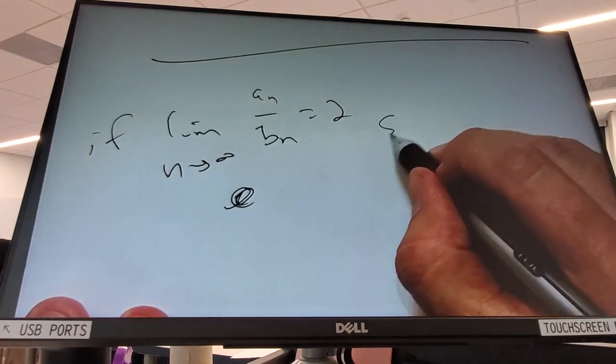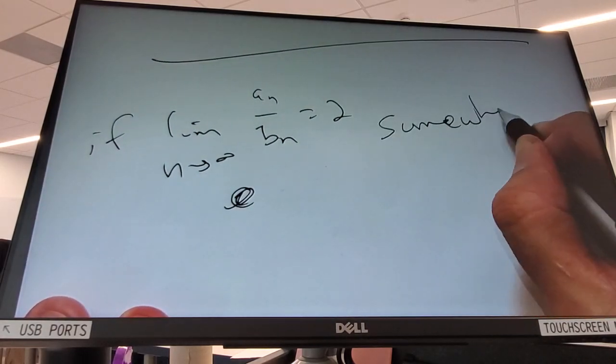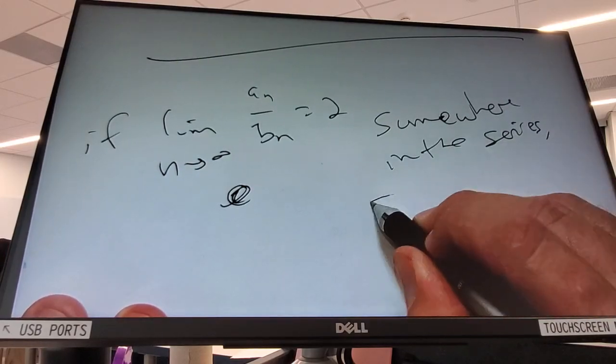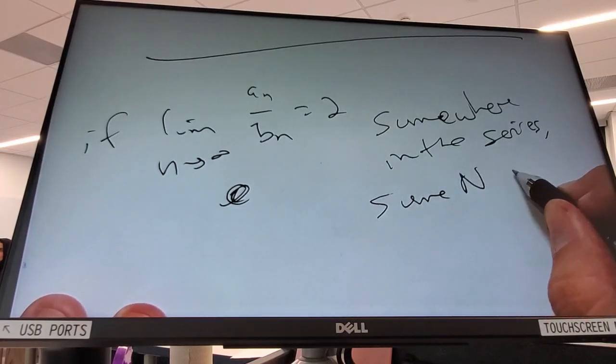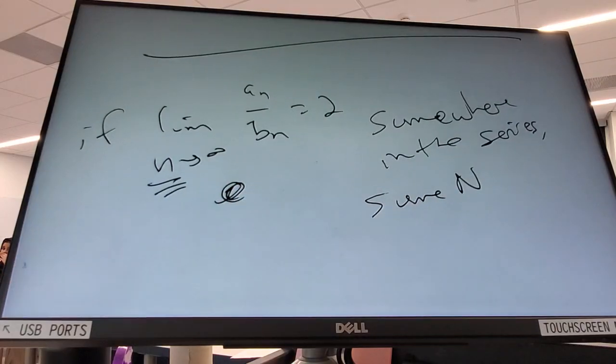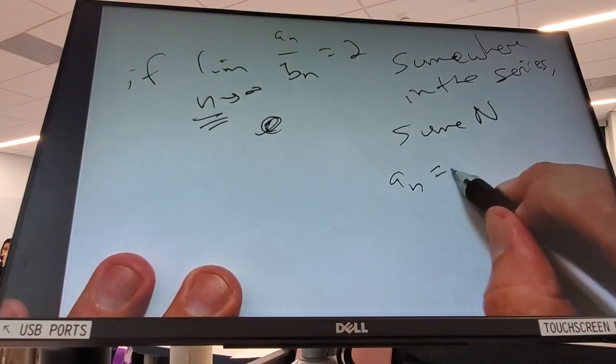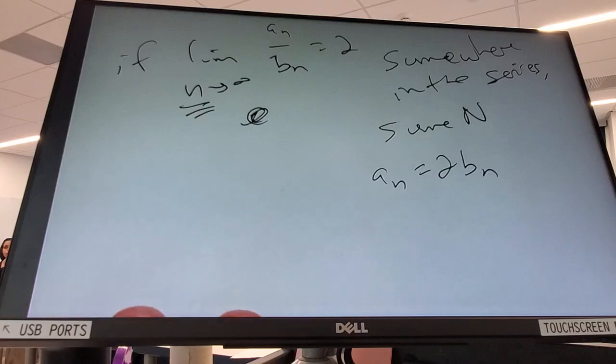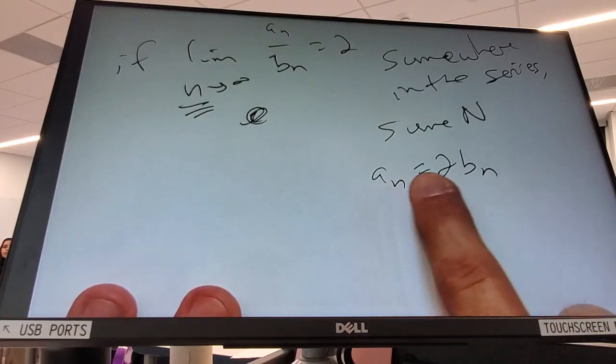That means that somewhere in this series, some n, yes? 1, 2, 3, 18 billion. Somewhere, a_n is basically 2b_n. If this series converges, what does this series do?